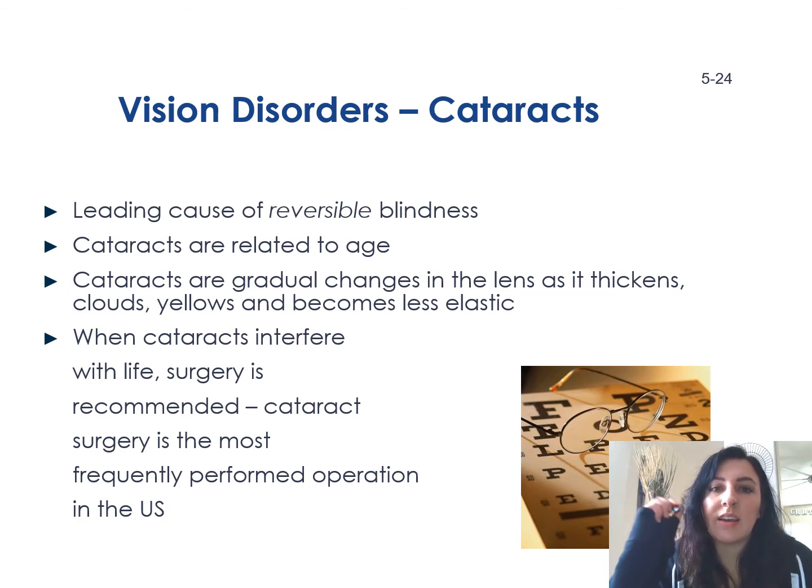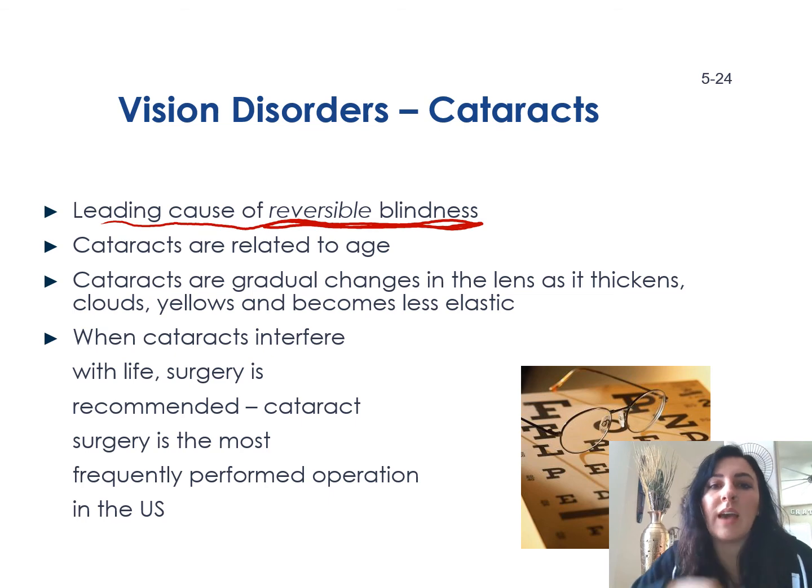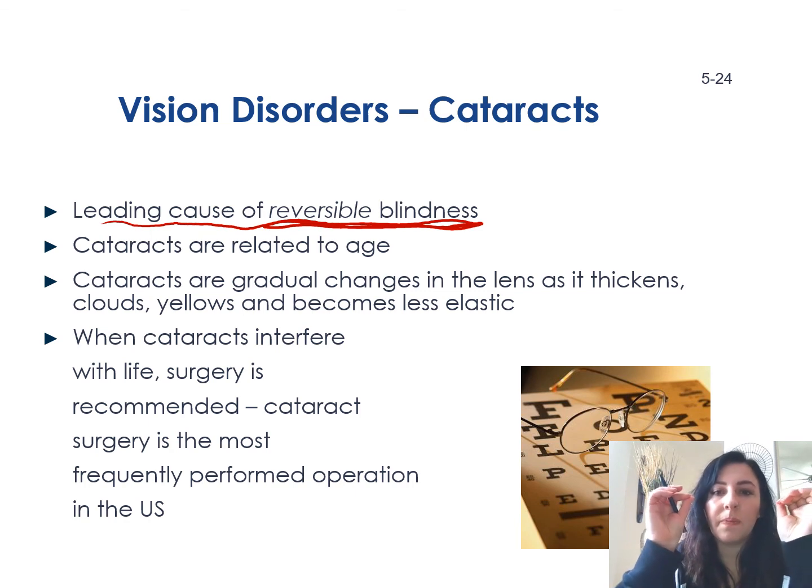So next we're going to look at vision disorders. First we have cataracts, and this is the leading cause of irreversible blindness. Cataracts are related to age usually, and they're gradual changes in the lens as it thickens, clouds, yellows, and becomes less elastic, so your natural lens will start to change.